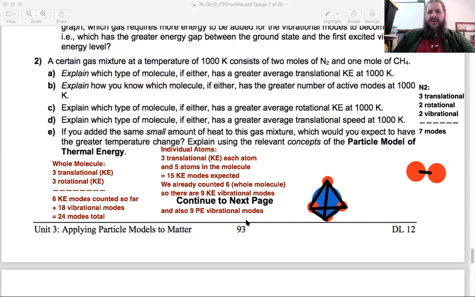So this is one way you can calculate the total number of modes for a molecule in a gas anyway, if we're assuming they're all active. And this should generally be true, not just for CH4, but for any 5-atom molecule that's nonlinear.